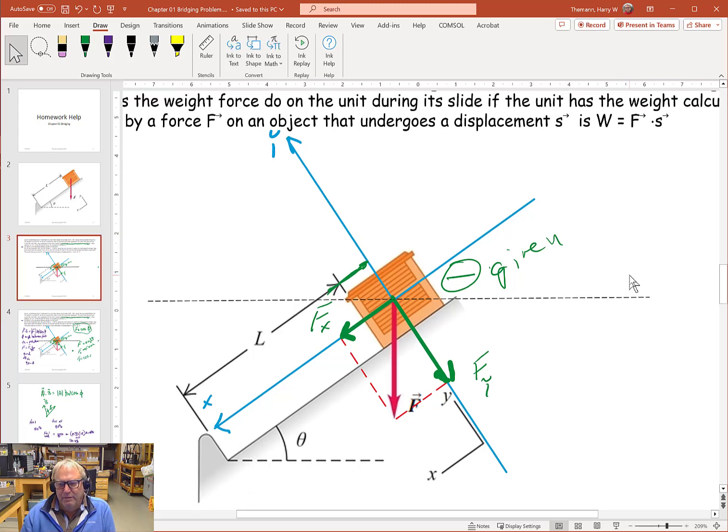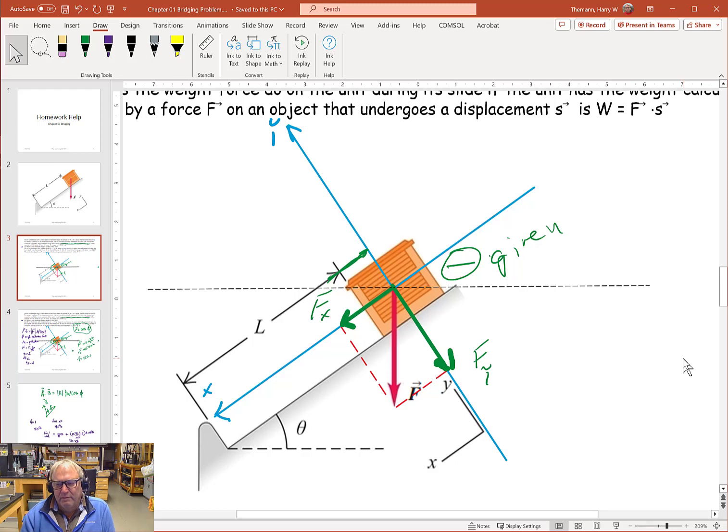So then, they're asking you in part A about the weight. For part A, you have three things going on at first. You have F itself, you have F of X, and F of Y.